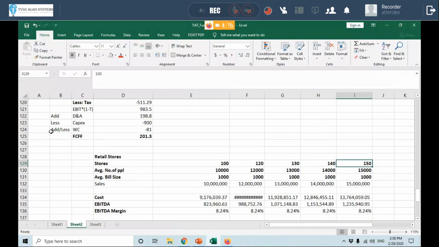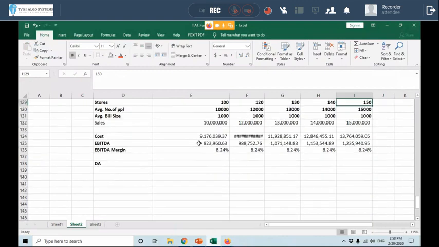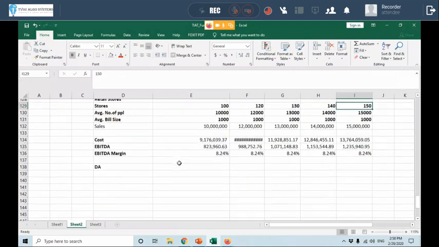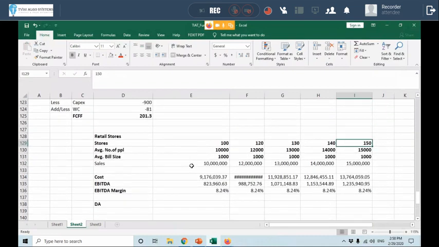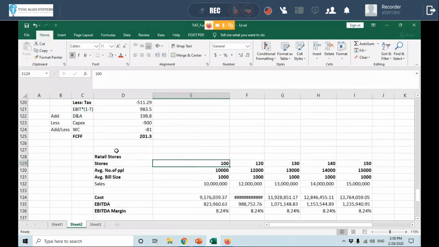So I will need this capex. On an average, I know for opening one store I need say 10 crores, for example. Suppose today, this is year one, we are at 90 stores. So I am increasing 10 stores. If one store is costing me 10 crores, then from 90 I am increasing to 100, so I am adding 10 stores.